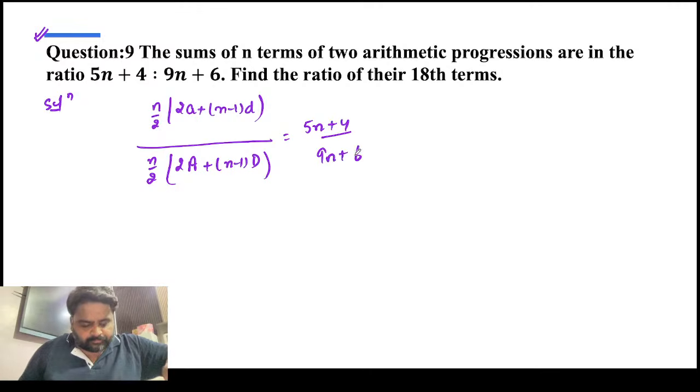Please tell me, any doubt in this till the first equation? Guys, any doubt in the first equation?